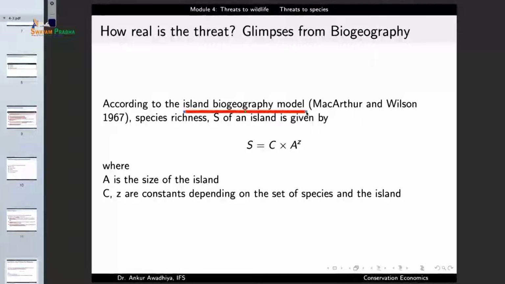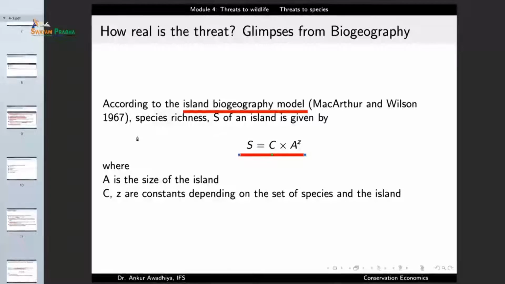Now, the island biogeography model says that the species richness is dependent on the area. So, if you consider an island, and if you have a small sized island, it will have smaller number of species. If you have a larger sized island, it will probably support a larger number of species.